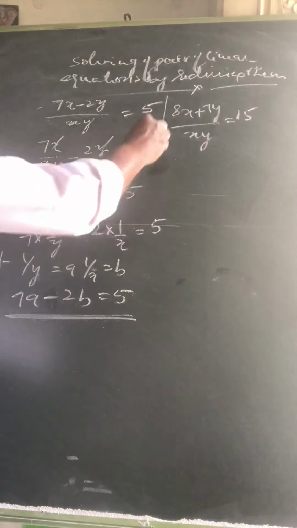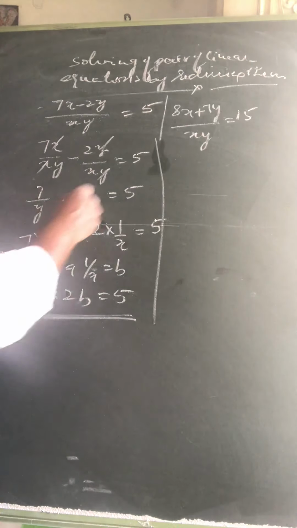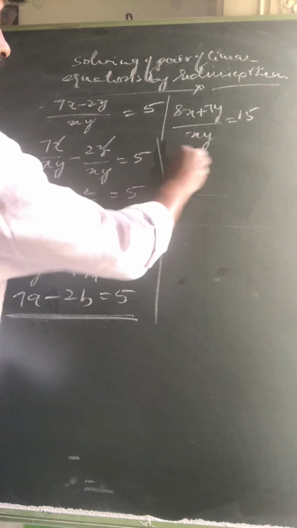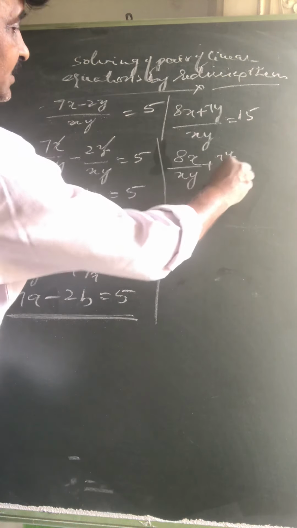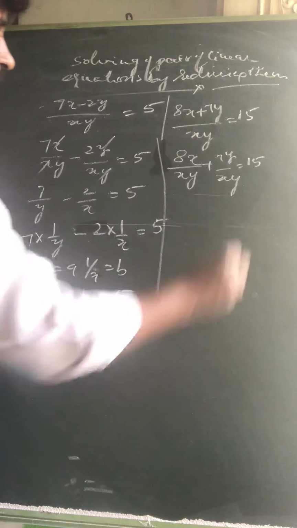Same like this, the second equation also. 8x by xy plus 7y by xy is equal to 15.